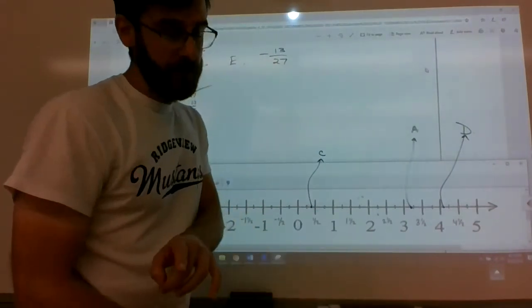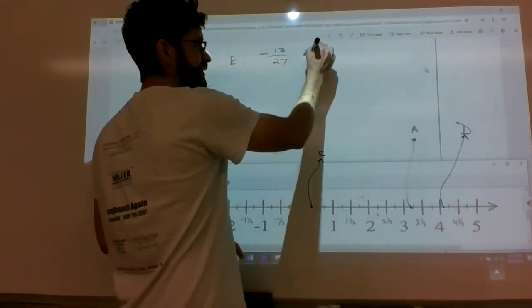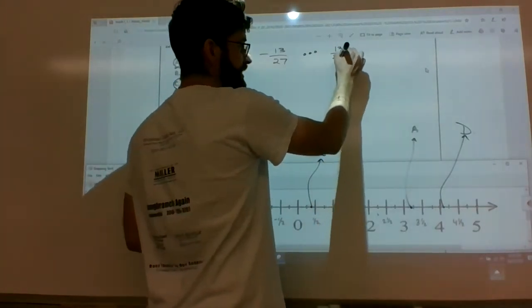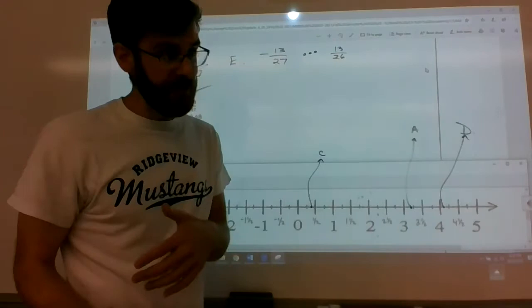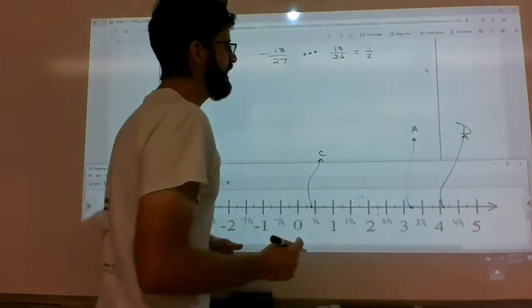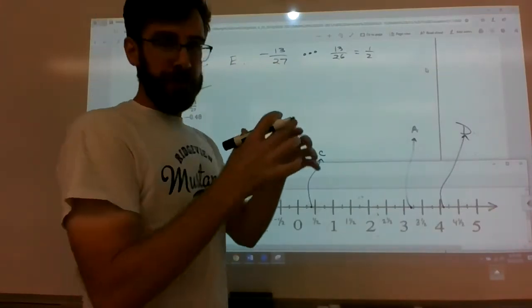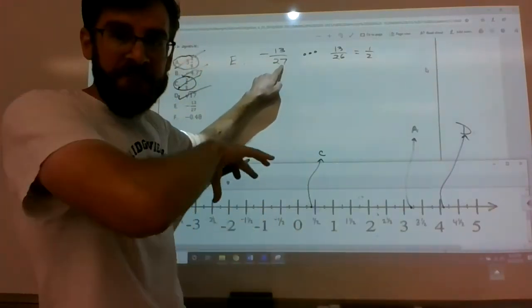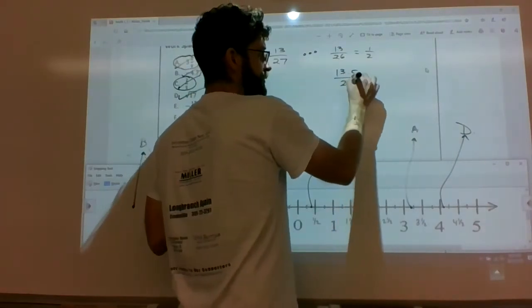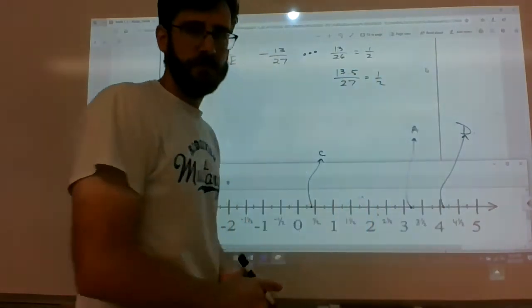13 doubled. So here's just a thought to ponder, a little thought bubble for you. 13 over 26, that's exactly a half, because 13 is exactly half of 26. So 13.5 is half of 27. All right?